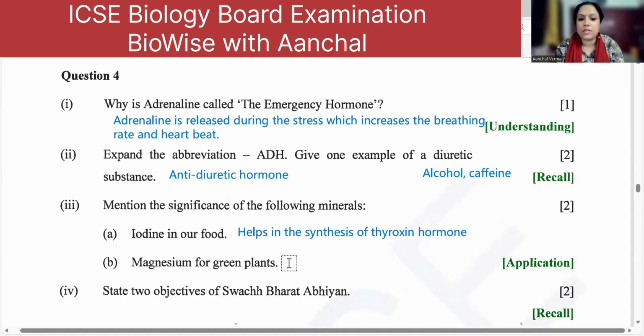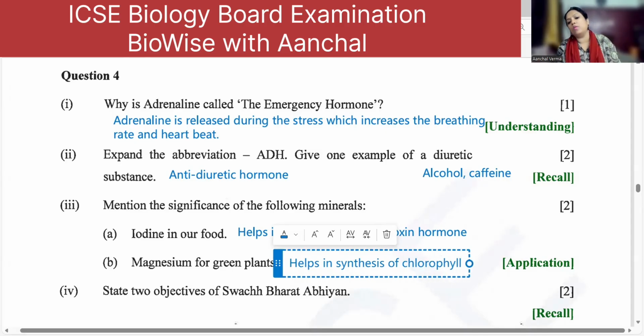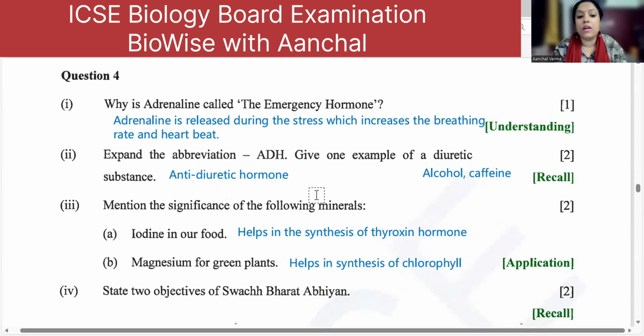Magnesium for green plants helps in the synthesis of chlorophyll. Chlorophyll contains magnesium in the center. Like your hemoglobin contains iron, green chlorophyll contains magnesium.